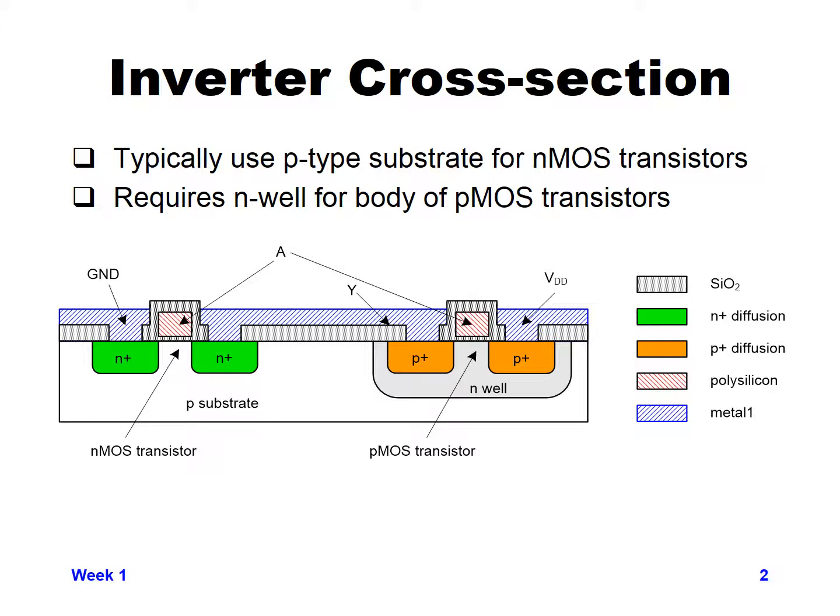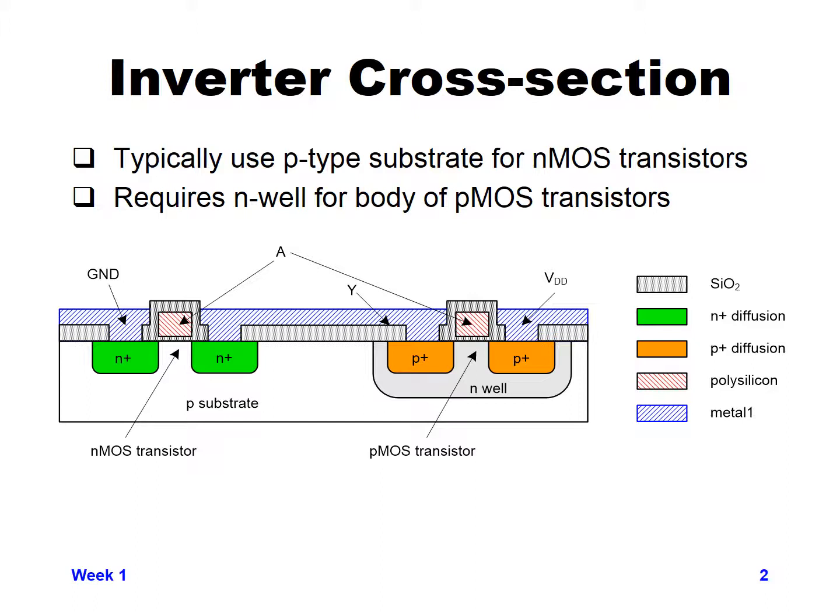So here's a view of what a typical inverter cross-section would look like if you split the wafer and are looking at the cross-section of what the process would look like. So in this case, most fabs will use a P substrate.